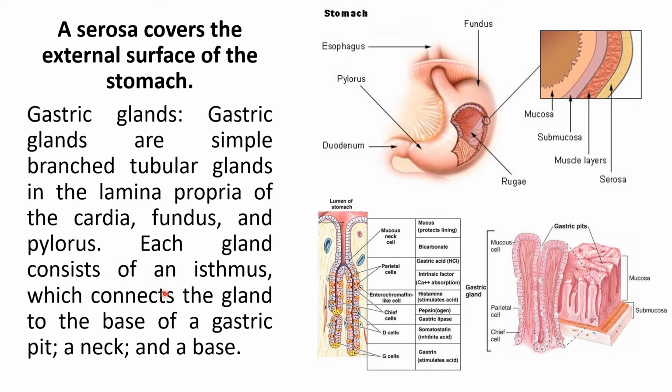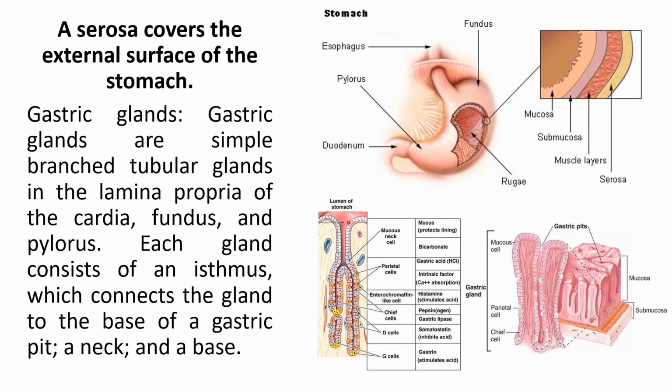Each gland consists of an isthmus. You can see here this is a neck-like structure of the gastric gland, the region where the gland is connected with the stomach. This neck region is called isthmus, which connects the gland to the base of the gastric pit.